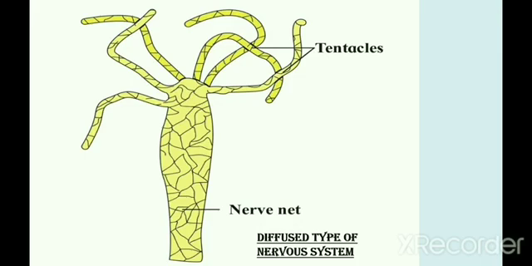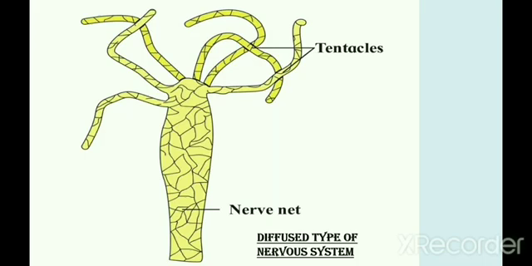There are sensory cells scattered in the body wall and tentacles. This is the body wall. And this is the tentacle. These are all tentacles. You will find these sensory cells are scattered everywhere, but sense organs are lacking.